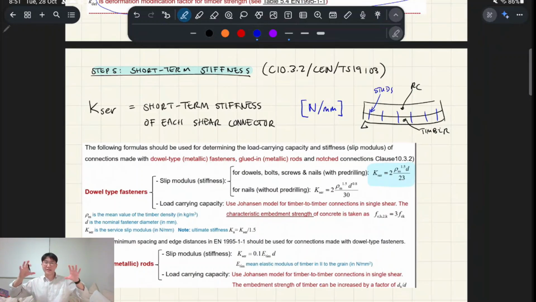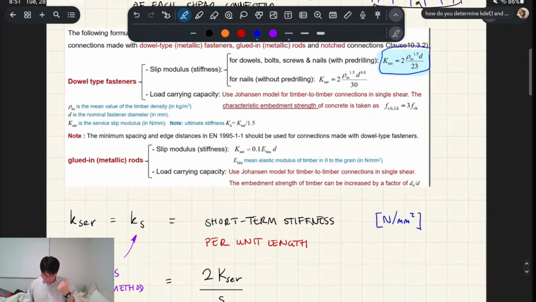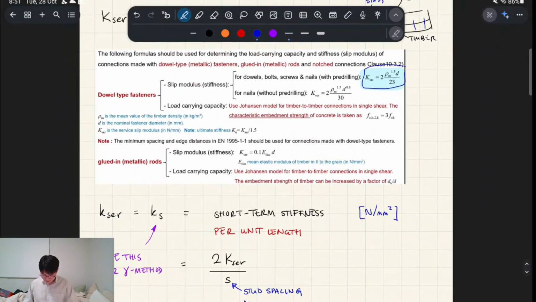Each of these studs has a certain stiffness, which you can calculate using that formula if you have some kind of dowel, like a bolt, screw, or nail, right? And you pre-drill it, which is the standard case. And then there's different cases on the slide.